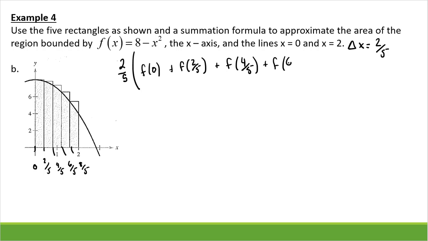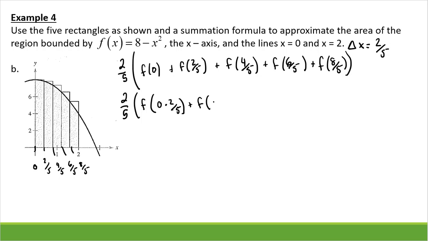So again, in terms of i, it'd be 0 times 2/5 plus f of 1 times 2/5 plus f of 2 times 2/5 plus f of 3 times 2/5 plus f of 4 times 2/5.